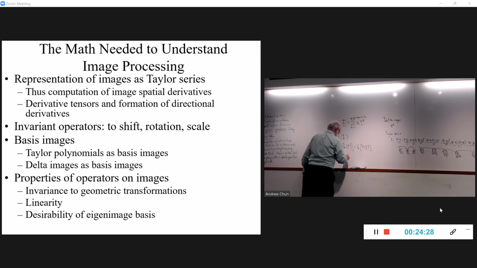And we also saw that meant that TG is the same as GT.